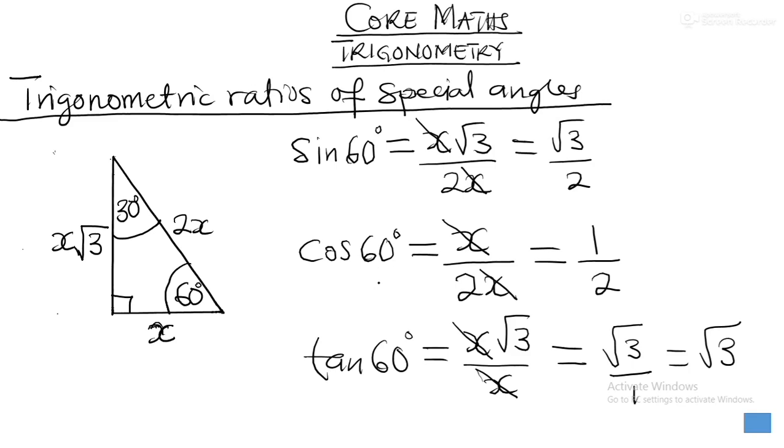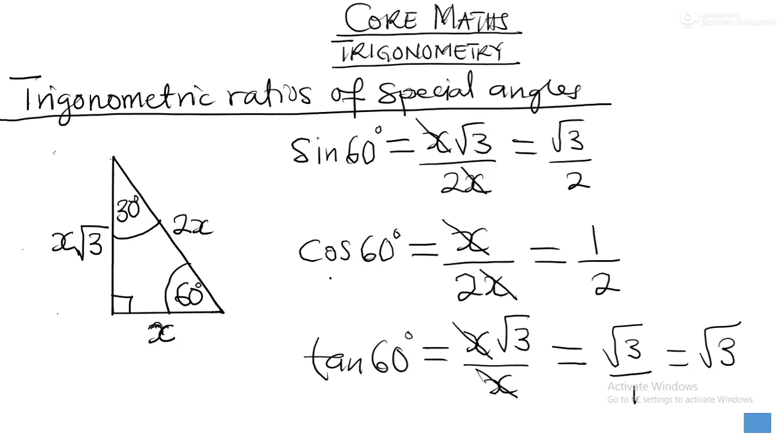complementary angles. So we saw in our previous lessons that the sine of an angle is the same as the cosine of an angle if and only if the sum of the two angles is 90 degrees, that is, they are complementary. So unless the sum is 90 degrees, they cannot be equal.